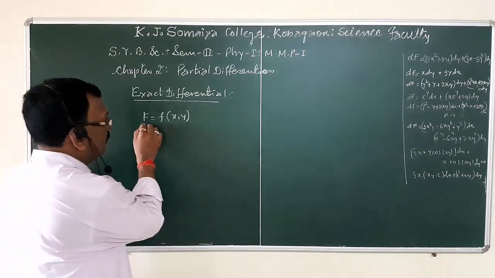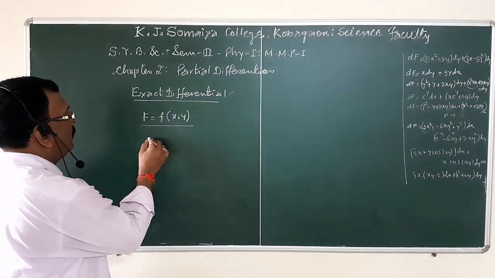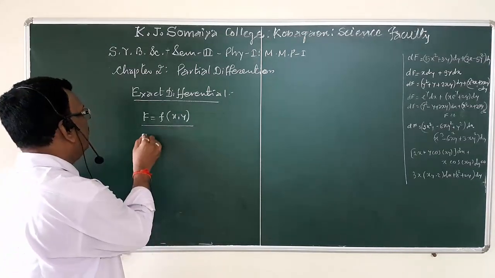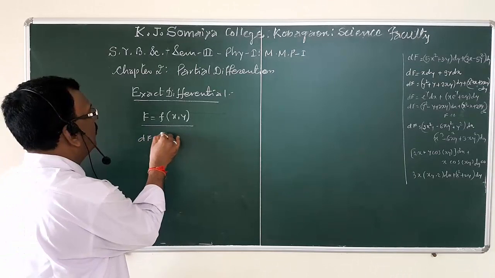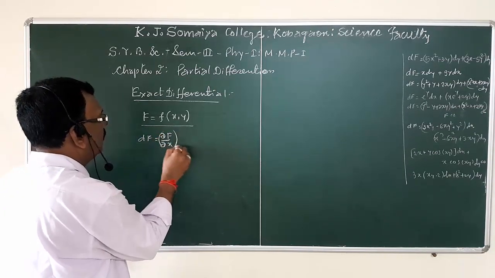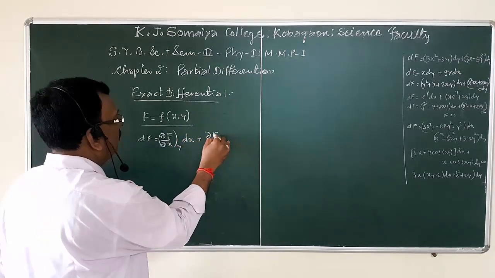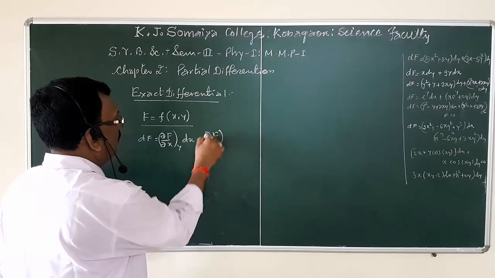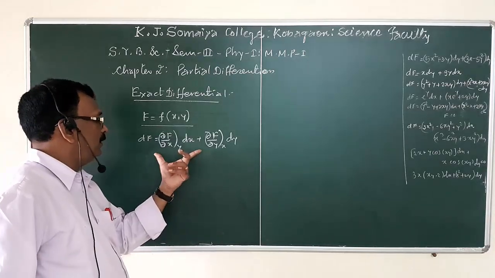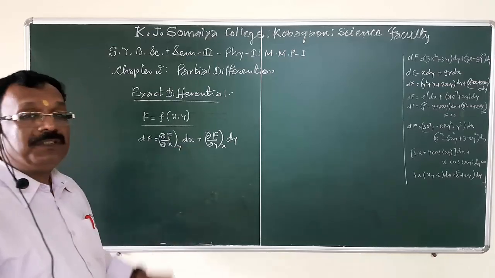If this is the differentiable function, then obviously we get the differentiation of f, that is df is equal to del f by del x, keeping y constant, into dx plus del f by del y, keeping x constant, into dy. This is the differential equation.